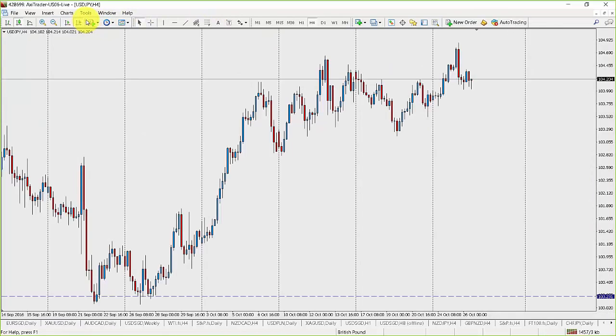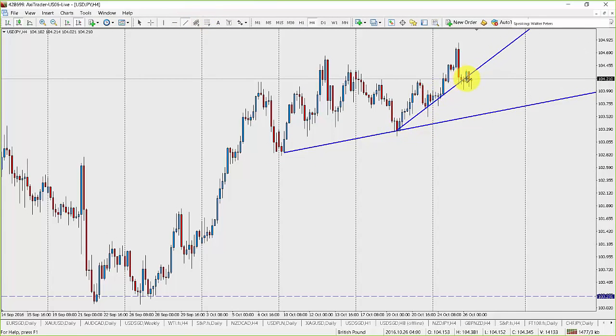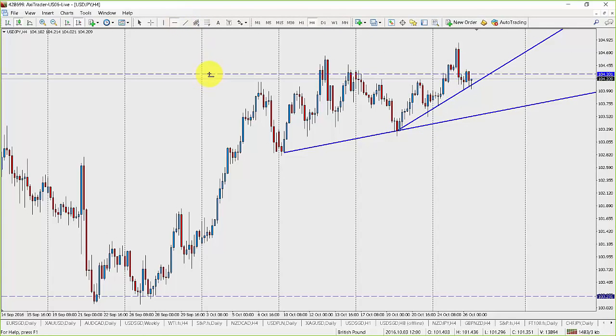Let me show you. This actually is a similar setup. However, it's really sloppy. So whether you draw the trend line here or you draw a sharper one here, the question now becomes, where is your horizontal level?